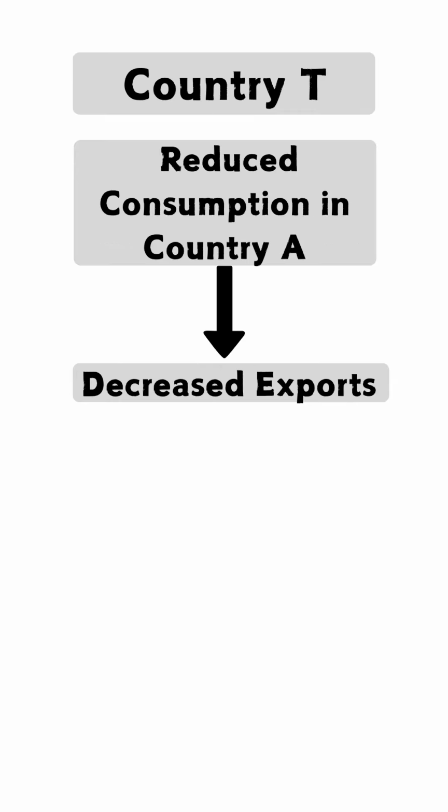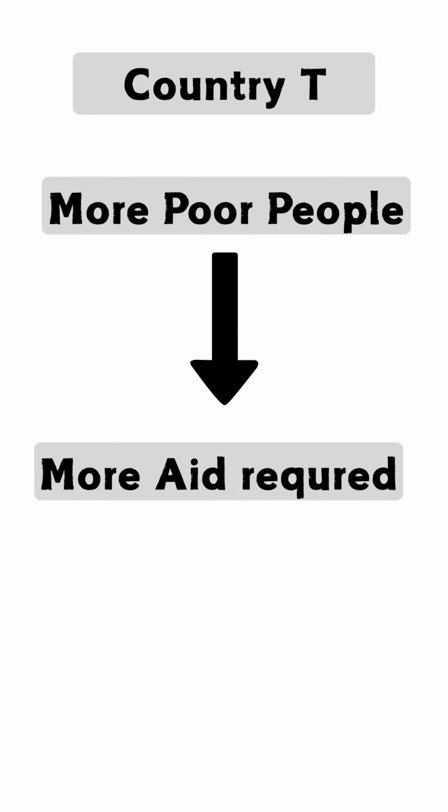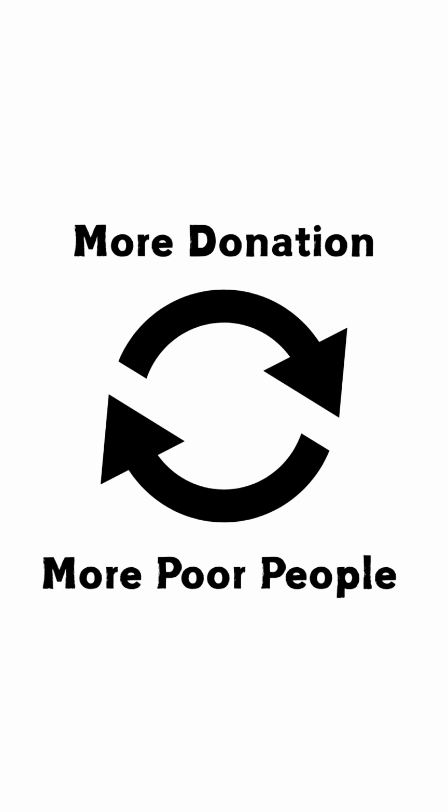Second, in country T, reduced consumption in country A leads to a decline in exports from country T. Decreased exports reduce production in country T, which again leads to unemployment. This process increases the number of people living in poverty in country T, thereby requiring even more aid. Consequently, a vicious cycle emerges in which country T becomes increasingly impoverished and dependent on ever greater amounts of assistance.